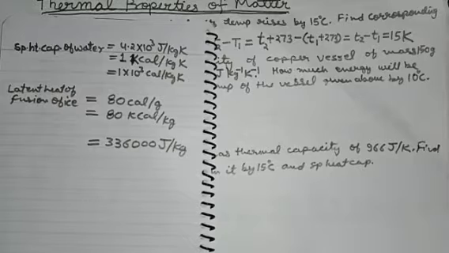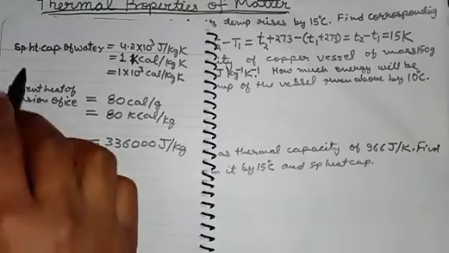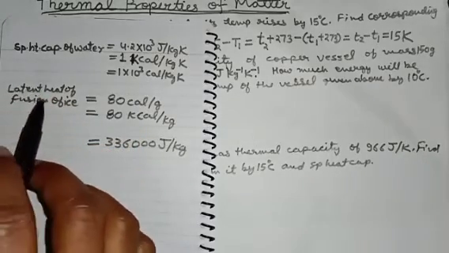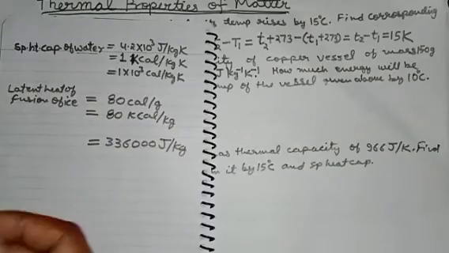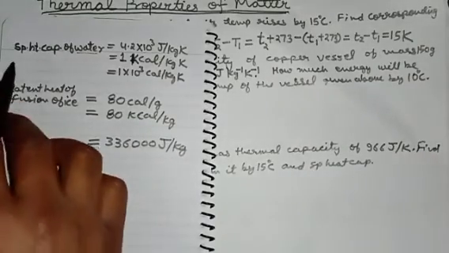As I told you, heat capacity varies from body to body. It is related to a body of any shape, any material, but specific heat capacity is related to a material like water or some other substance.